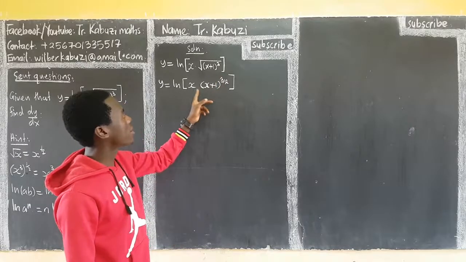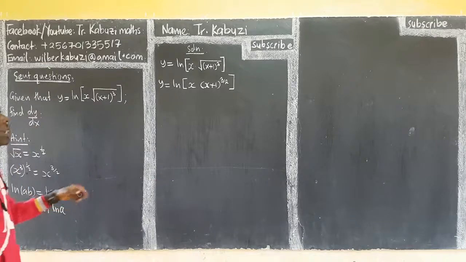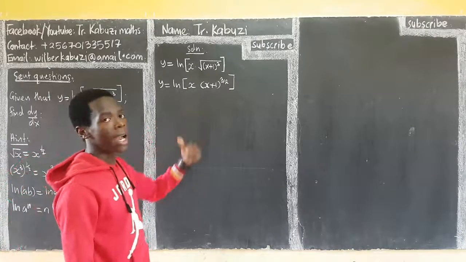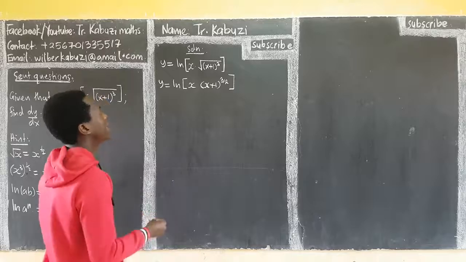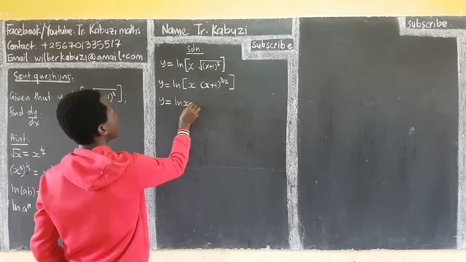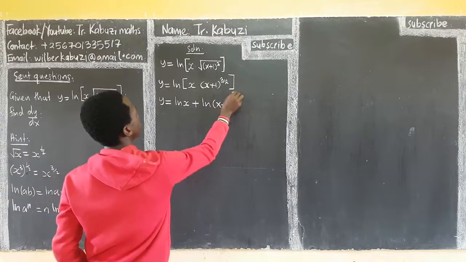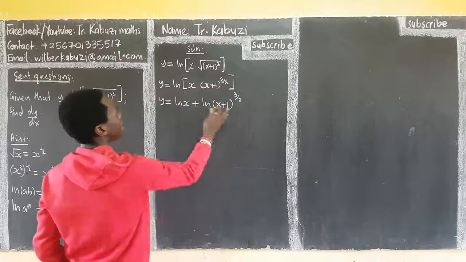Now this is the product of two expressions. Now I apply this property here. We are multiplying two terms, which means that we're adding their logs. So my y here is going to be natural log of x, plus natural log of x plus 1 to the power 3 over 2. These are the steps you can do.